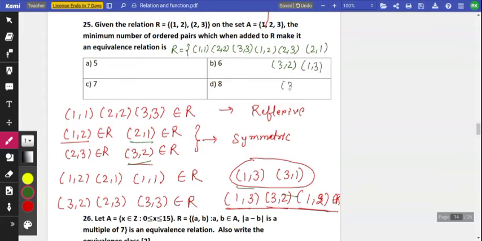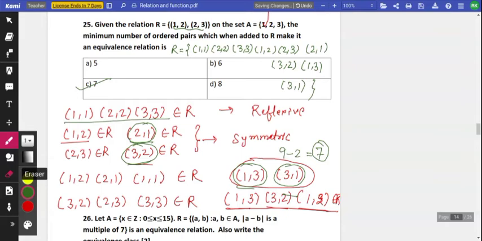So how many ordered pairs are there? 1 2 3 4 5 6 7 8 9. Total 9 ordered pairs are there in the relation, and 2 ordered pairs are already present in the given relation. So 9 minus 2 is 7. Total 7 ordered pairs we are adding to make the relation an equivalence relation. So the correct answer is option C.